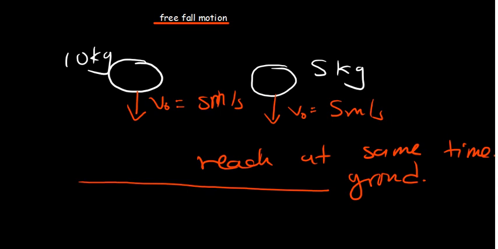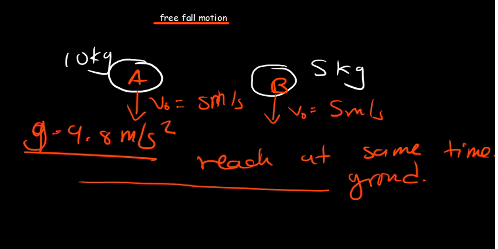The reason is, let me say this is my object A and this is my object B. Both objects A and B move with the same acceleration due to gravity, which is 9.8 meters per second squared. This is the reason these two reach the ground at the same time.